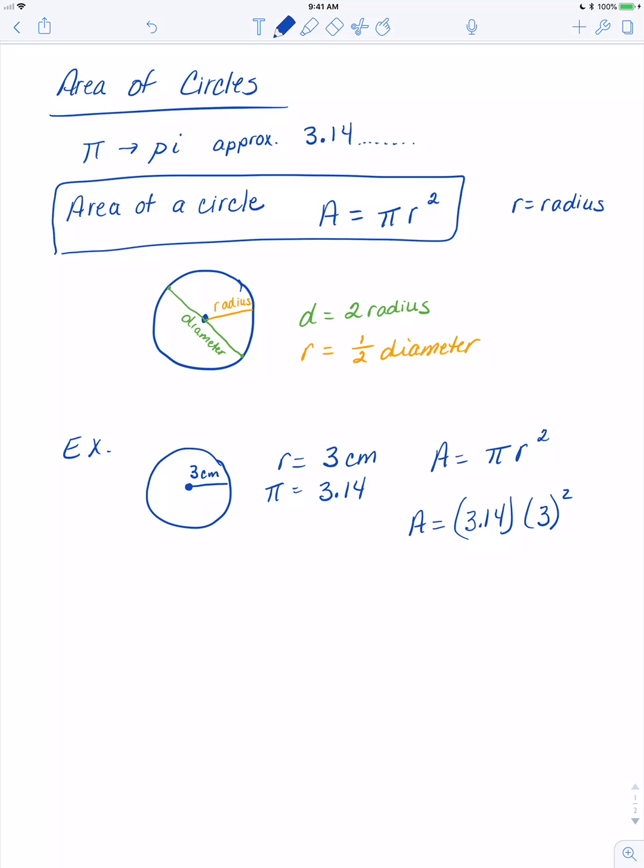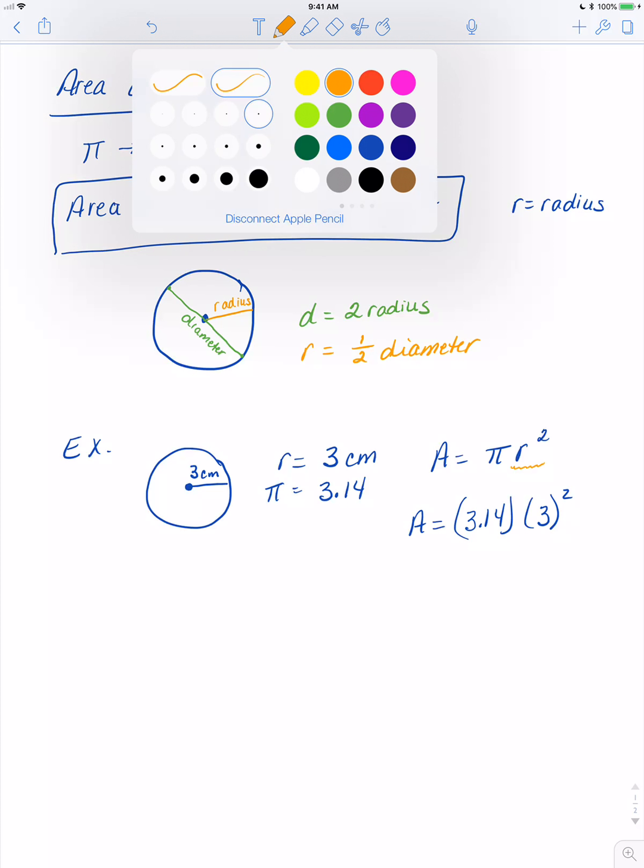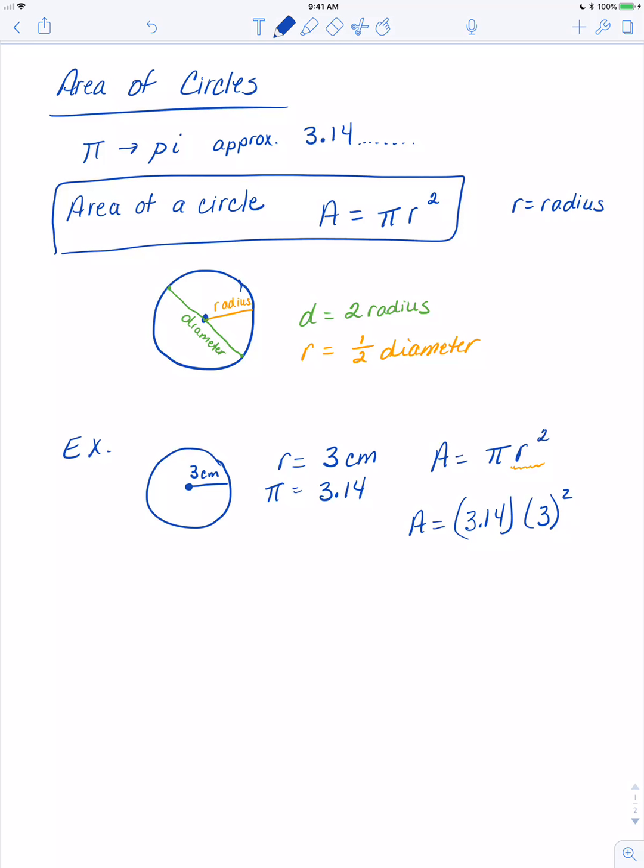Now, it's very important to see that only the r, or the radius here, is the one that's squared. Pi is not squared. So you have to do that part first. Side note, 3 squared is not 3 times 2, it's 3 times 3, which is 9. Remember, that little exponent means how many times I'm multiplying that number by itself.